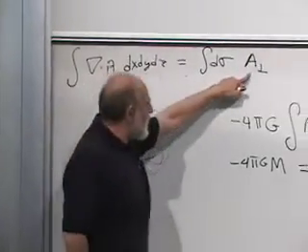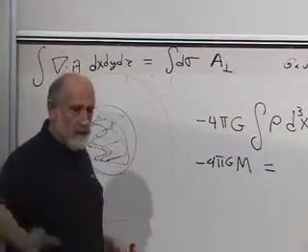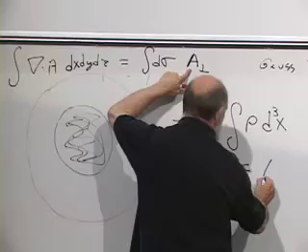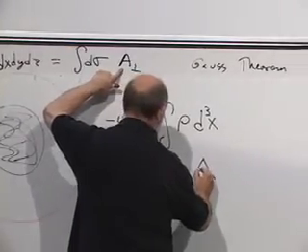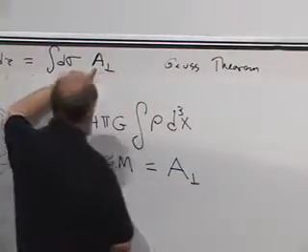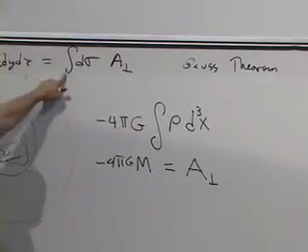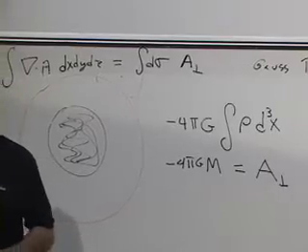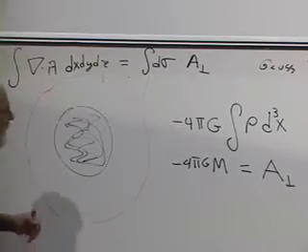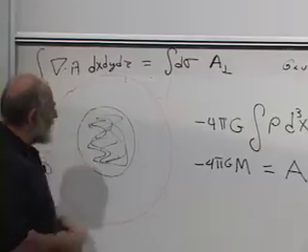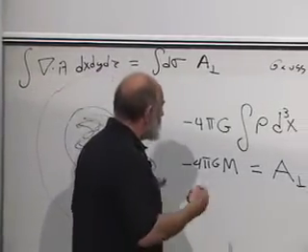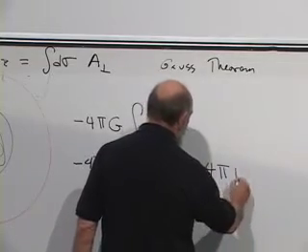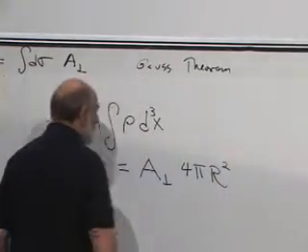So that means that the perpendicular component of A doesn't vary from point to point on the sphere, and that means that this integral here is just the perpendicular component, whatever it happens to be, times the integral of d sigma. What does the integral of d sigma mean? It's just the area of the sphere. It's just adding up all the little area cells of the sphere, and that's 4 pi r squared.